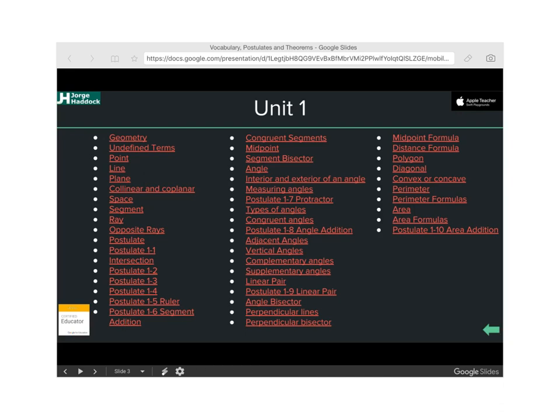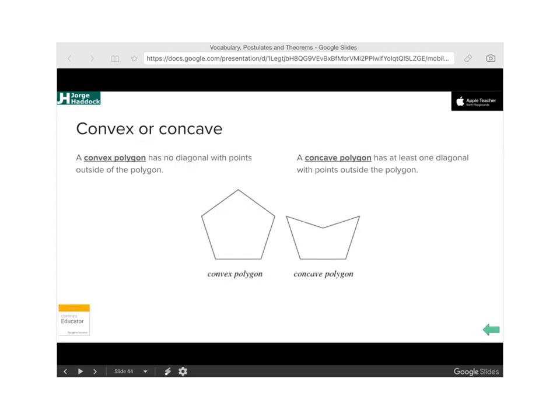It's convex and concave polygons. A convex polygon has no diagonals with points outside of the polygon. So if I draw my diagonals from right here to wherever I want, as you can see, none of them go outside.